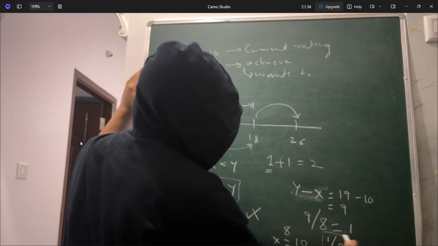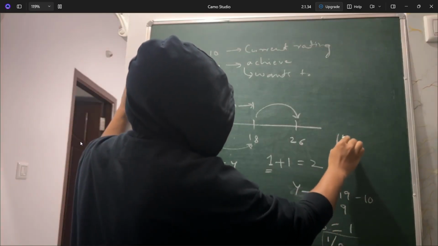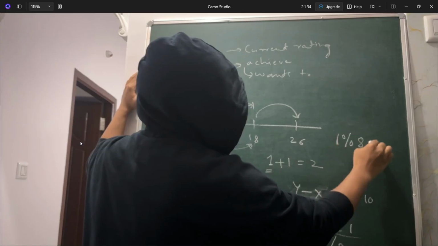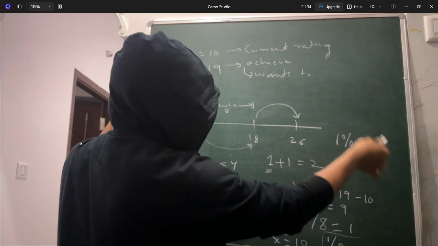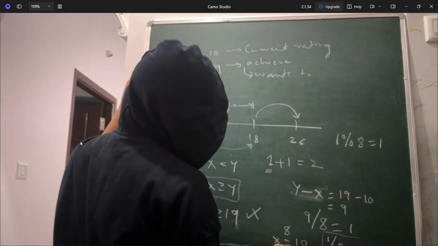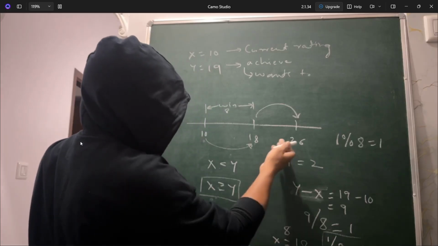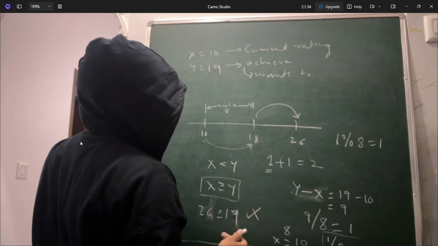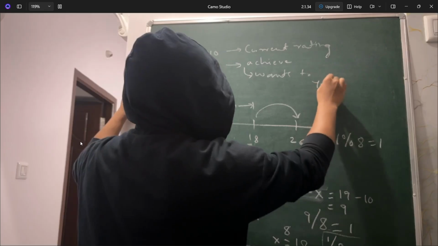Integer division is correct, but how do we find this? Again, the modulo operator will do it. 1 modulo 8 will give you 1. And if the modulo operator gives any value apart from 0, then we'll have to increase one game. So basically here, you need to play 2 games. So what we'll have to do is take y minus x.